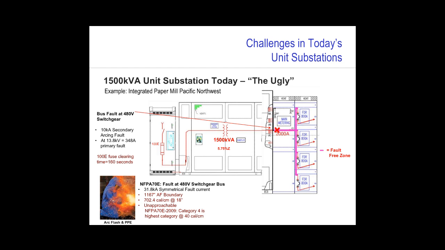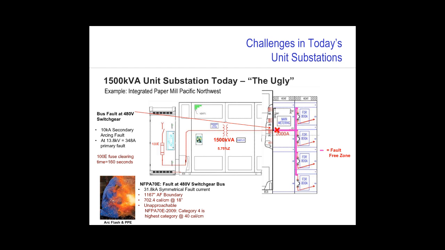I think what it means, though, is that you don't ever want to have a fault in that portion of this substation, because if you do, you're really relying upon the next upstream protective device, in this case the fuse and the primary load break switch, to clear the fault, and frankly, it's not an adequate device to be able to do that. The intent of the fuse in the medium voltage switchgear assembly is to protect the transformer if there's a fault in that assembly.